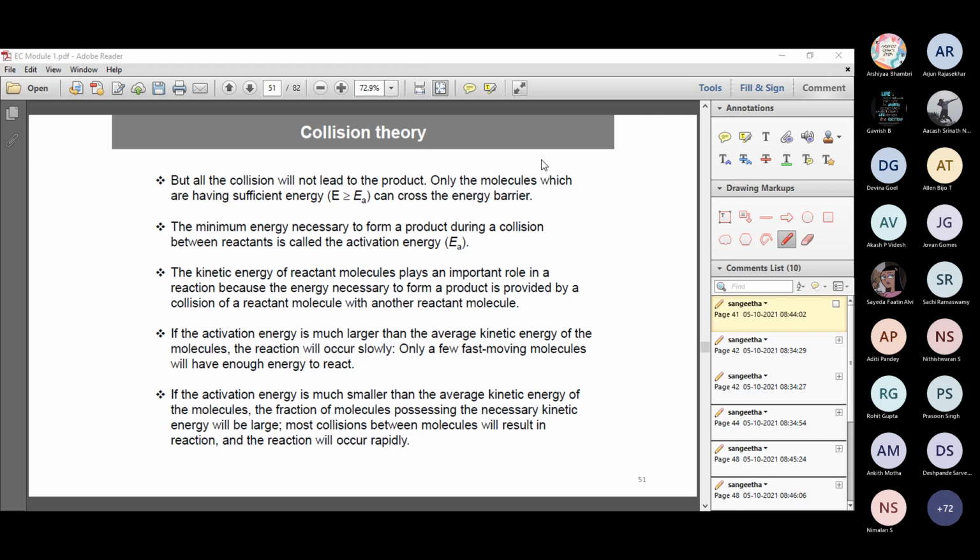Would you repeat once more? Yes, ma'am. A rate of reaction for a chemical process is investigated at two different temperatures.